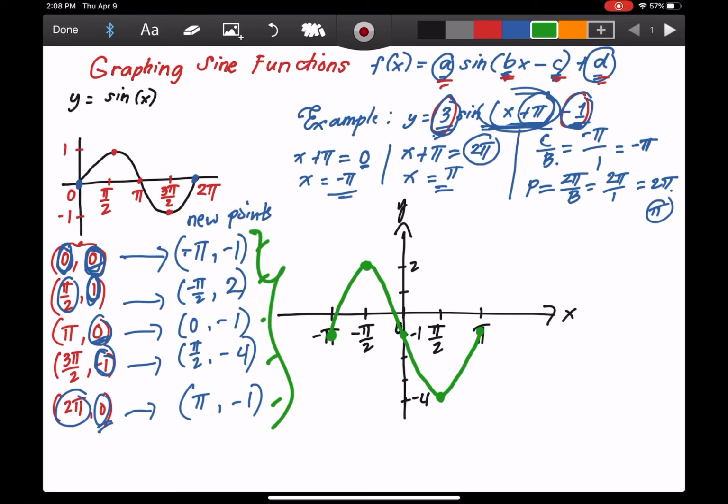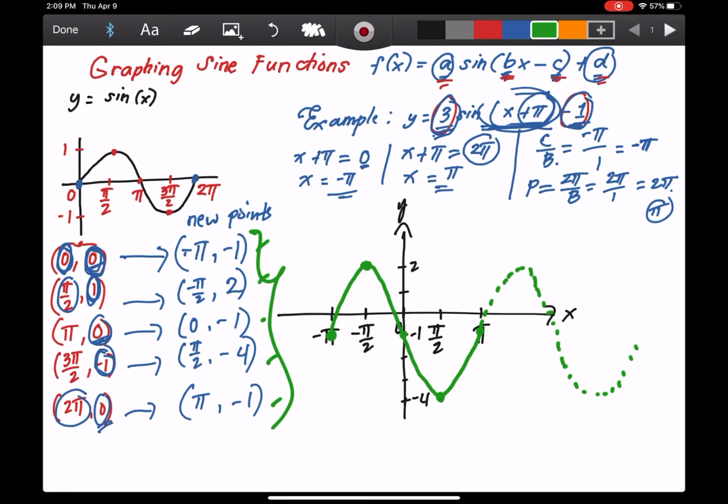Now let us try to identify the domain. The one I drew is only one cycle of the graph, so you can still extend it infinitely, like this and so on and so forth. So that's the graph.